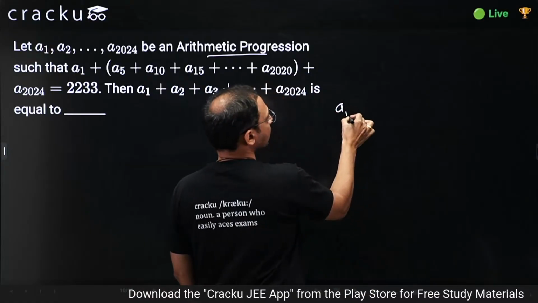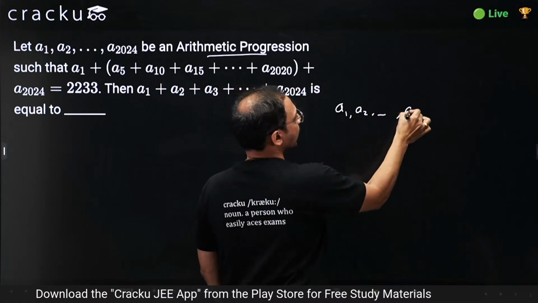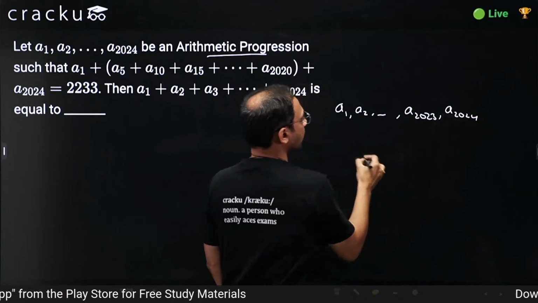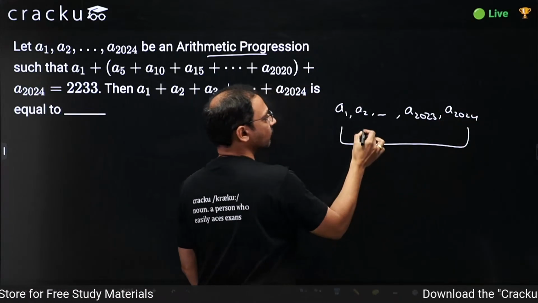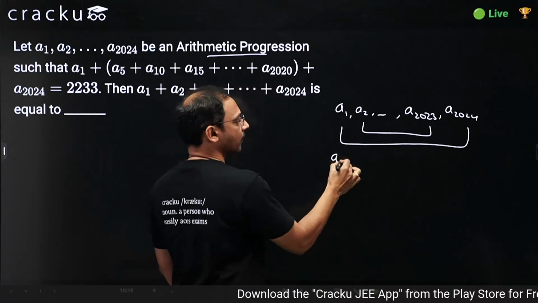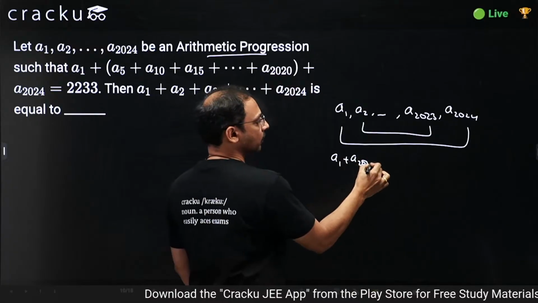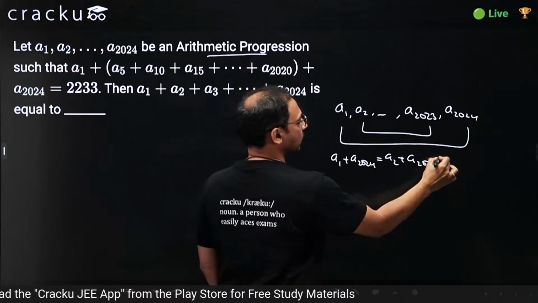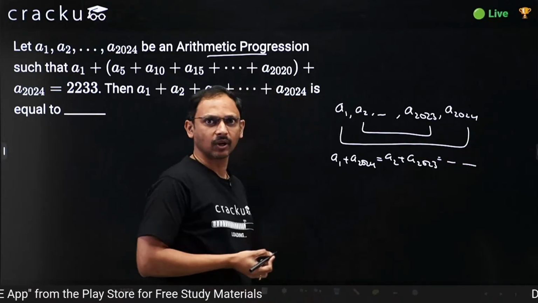So if you have these terms in the arithmetic progression, the sum of the first and last term will be the same as the sum of the second and second last term and so on. So I have A1 plus A2024 is equal to A2 plus A2023 and so on. This sum will always be the same.